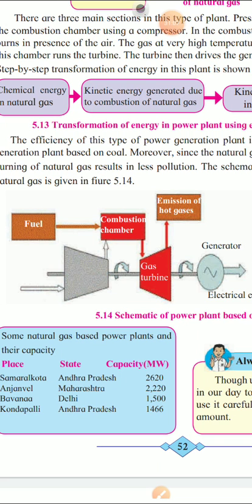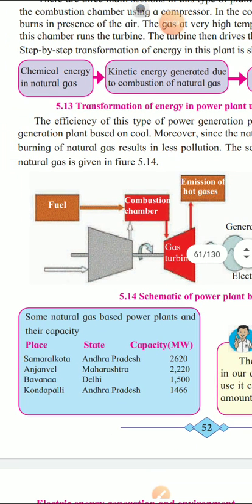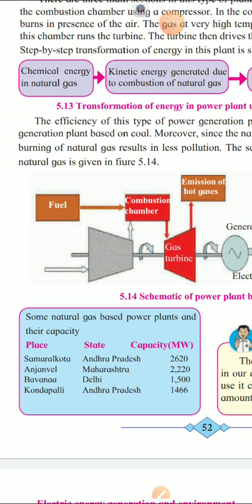Now let us see here some natural gas based power plants and their capacity, where they are situated. First is Samalkota, which is in the state of Andhra Pradesh. The capacity is 2620 megawatt. Then Anjanvel is there, that is in Maharashtra.